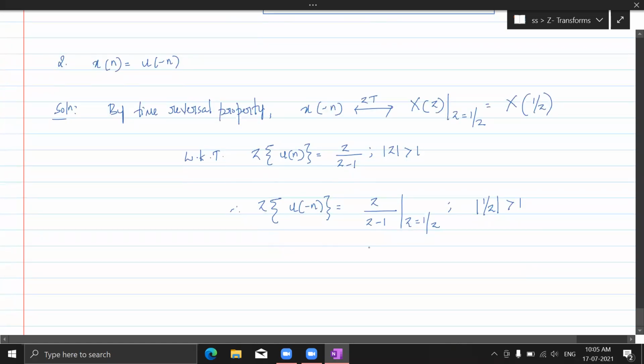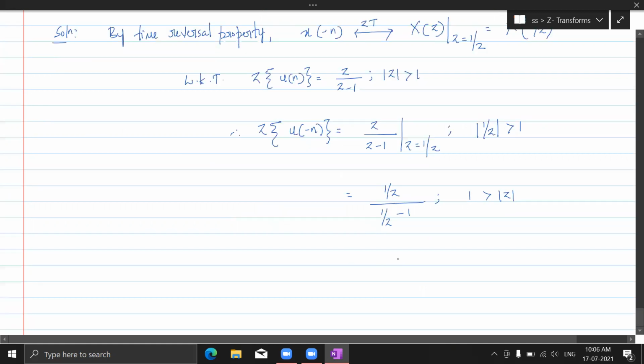Understand? So what would this look like? Therefore, it looks like 1 by z divided by 1 by z minus 1. That means all z's need to be replaced by 1 by z. And this is 1 greater than z it would become. So further, how can we see this? This can be seen as 1 by z divided by, if you take z as LCM, 1 by z by z.